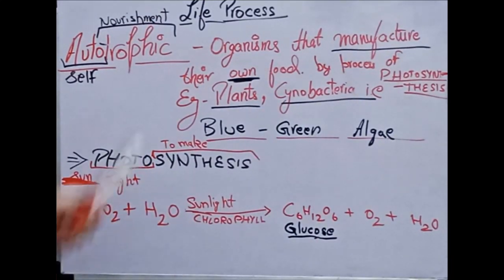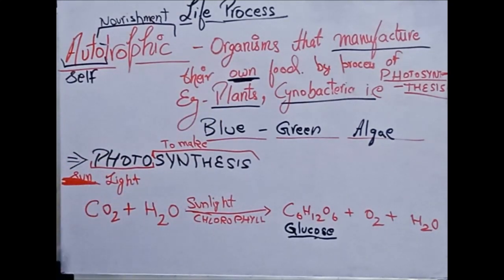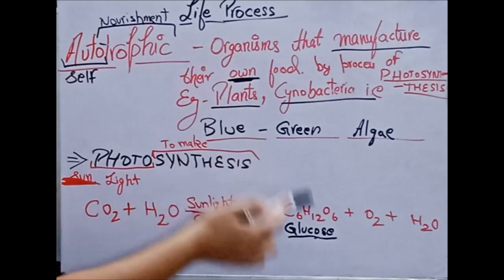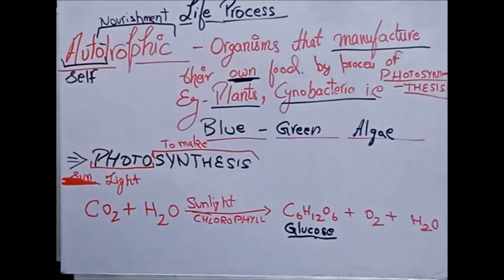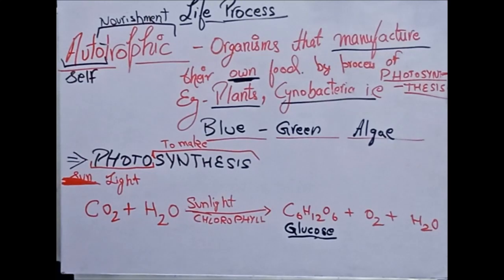The food we are talking about here, glucose is nothing but that food that will provide these autotrophic organisms the energy to do any work. Oxygen will be given as a product which we then inhale, and the water.